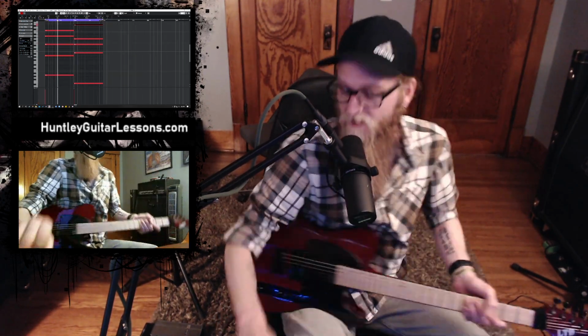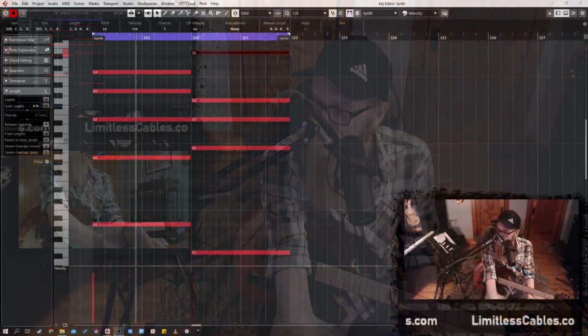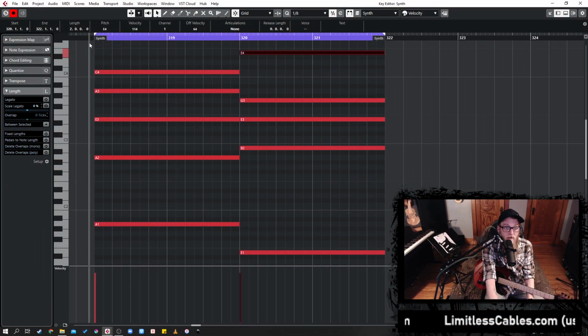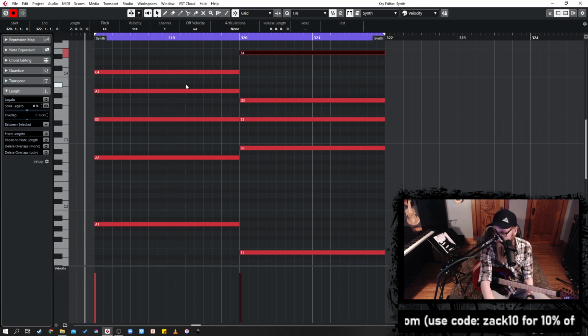This could be in the key of A minor or in the key of E minor, depending on what you want. If you look at the notes of our chords, we don't have an F note at all. We only have A, C, E, and the notes E, G, B. So because of that, we could use either key.